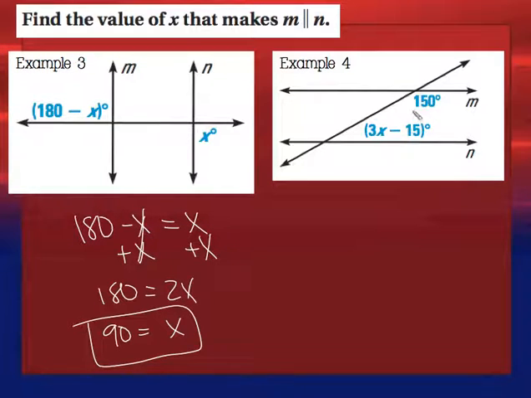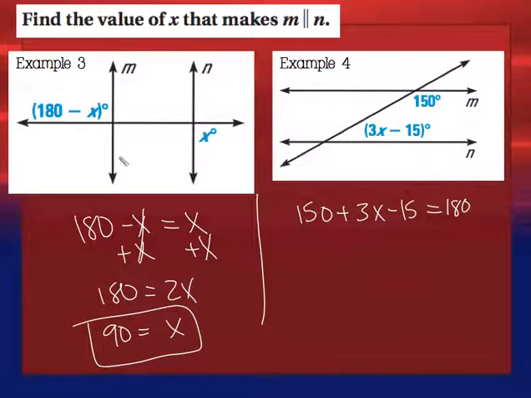On this one you have same side interior. Those are the ones that are supplementary. So for these lines to be parallel, 150 plus 3x minus 15 must equal 180. Now I've also seen people say if this one's 150 and they have to add to 180, this one has to be 30, and then they just set 30 equal to this. That's fine.